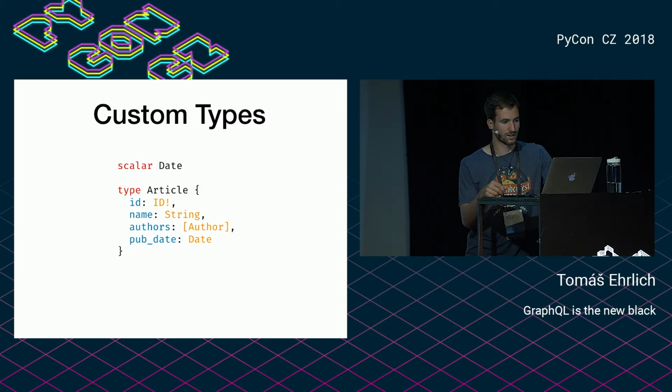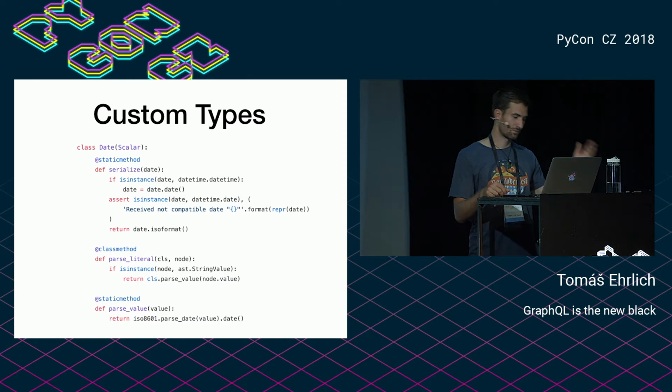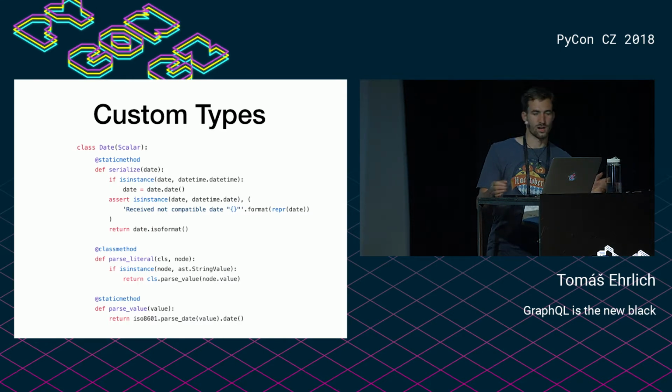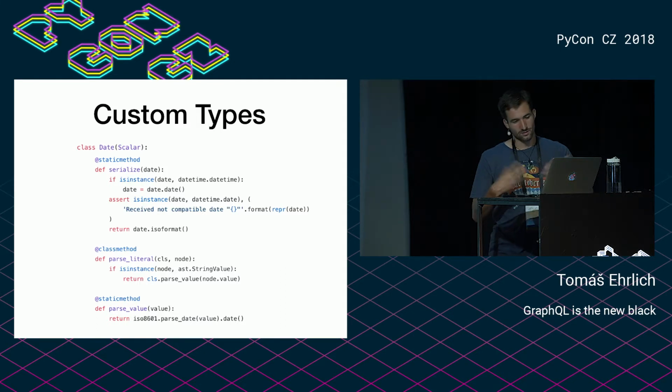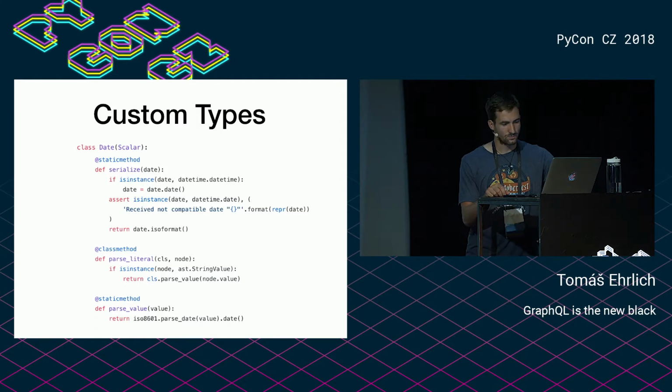In this case, it's a date, and then tell the server and a client how to serialize and deserialize the values. So you can build some abstraction above JSON to support more data types than what JSON has.